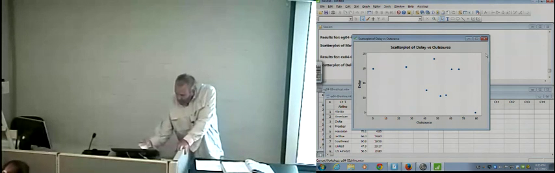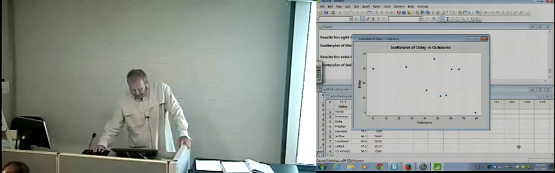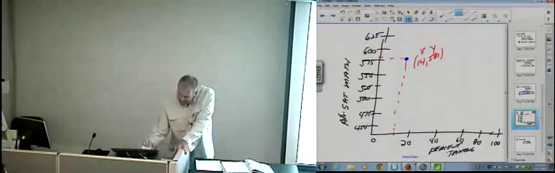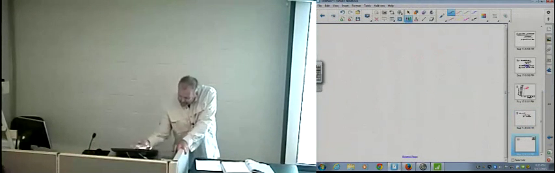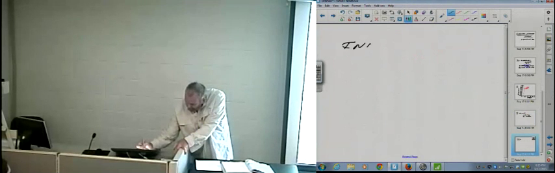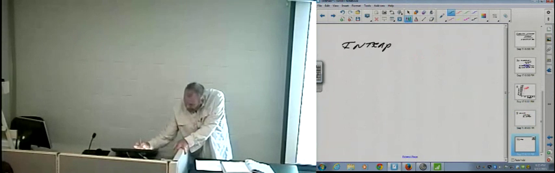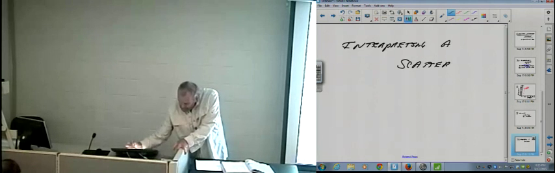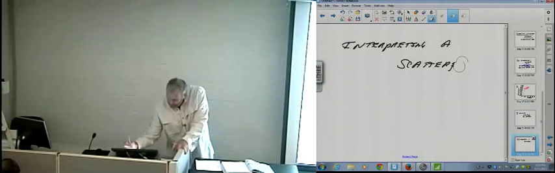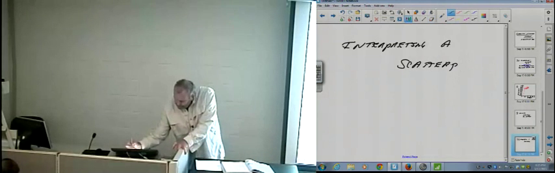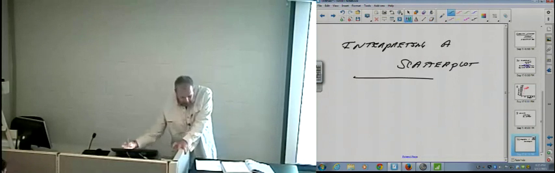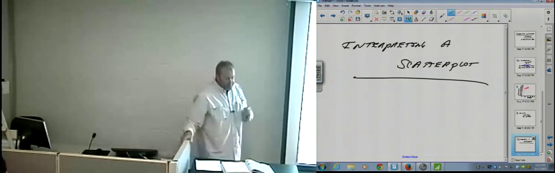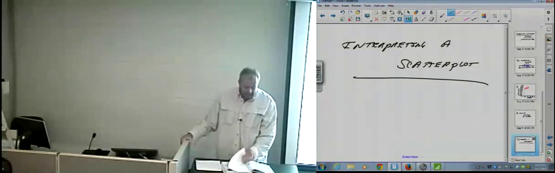So when I think about interpreting a scatterplot, there's nothing special here.